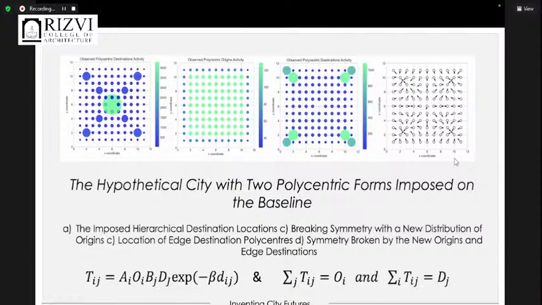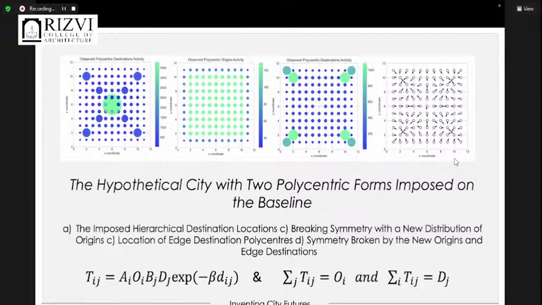And then on the immediate right, you can see how we spread activity to the edges. So we've changed the nature of the location of jobs and where people work on the left-hand side in terms of the existing city, and then on the right-hand side, not the immediate right, but the next one along, we've got a picture where we've moved people to the edge of the city.